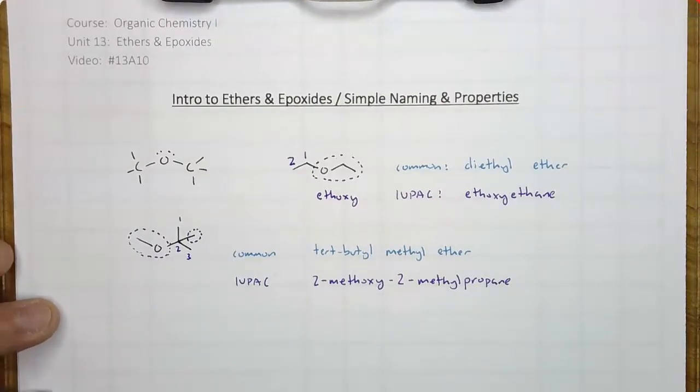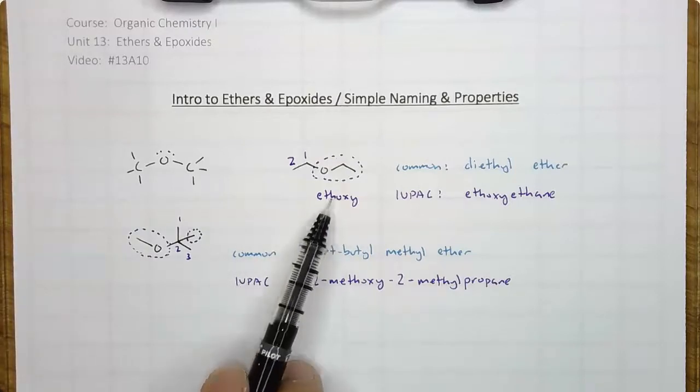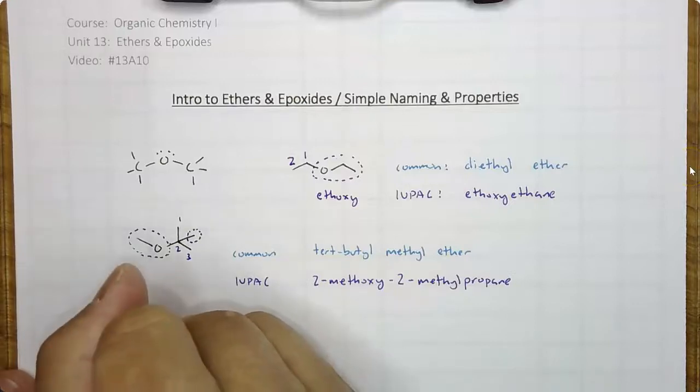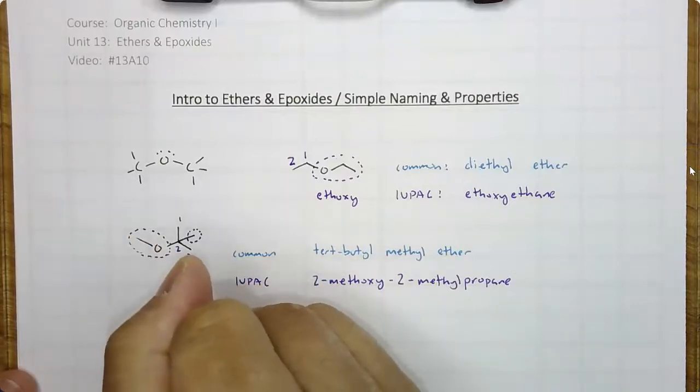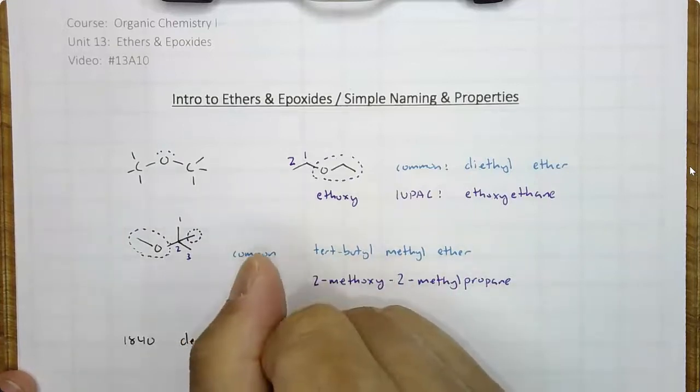In terms of properties, diethyl ether, right here, was used as an anesthetic in Boston for dental surgery in the 1840s. In 1840, a dentist in Boston used it as an anesthetic.